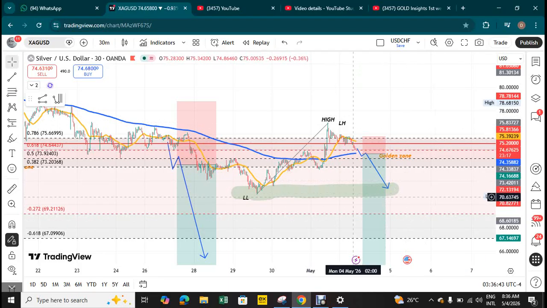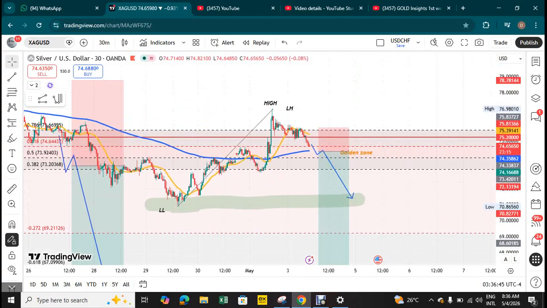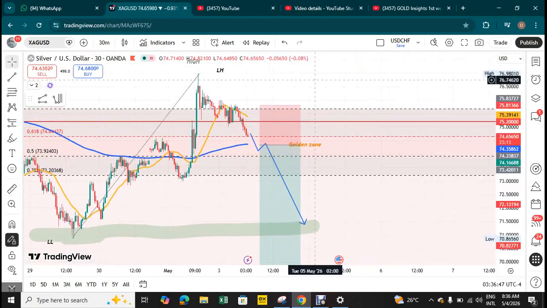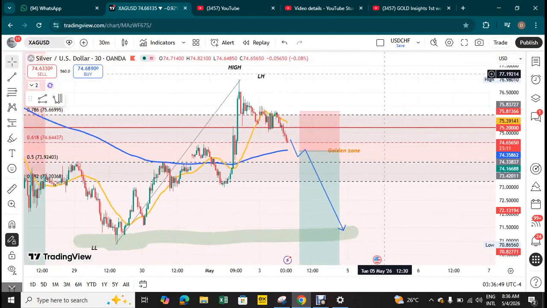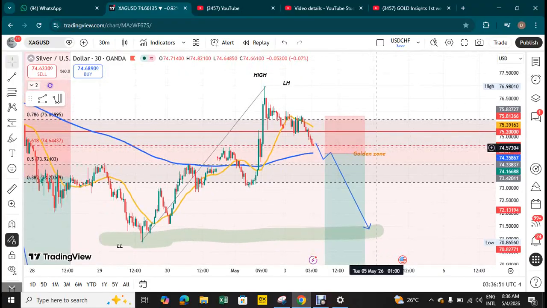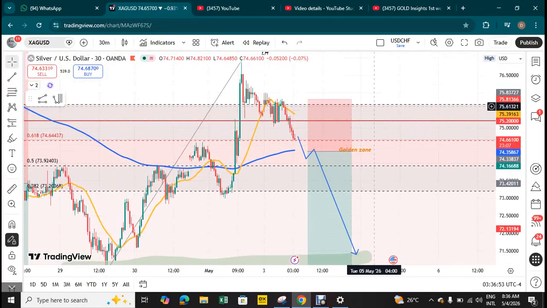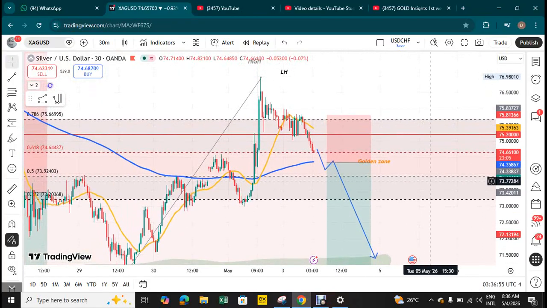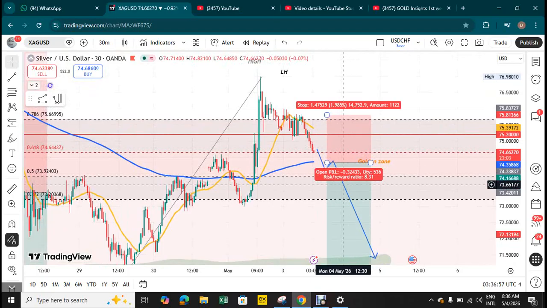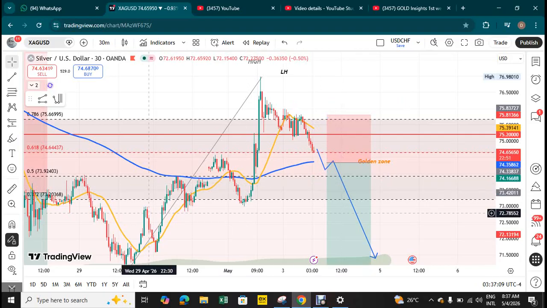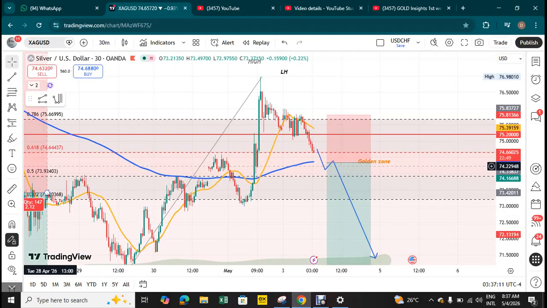So if this can play out, price coming to the golden zone, which right now you can see clearly price is coming into the golden zone, which is happening right now. When price comes into that golden zone, what do we want to see? Remember, in a downward trend market, on silver or on any pair, as long as it's in a downward trend, we want to see a red candle coming into the golden zone.